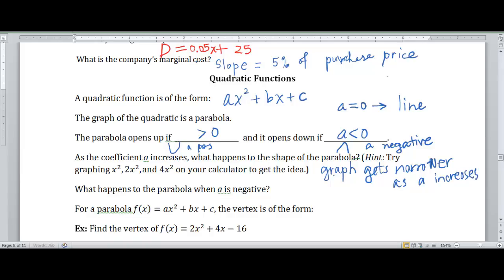What happens to the parabola when a is negative? Well, we saw this. It opens down, and again it will also get narrower. You can look at that on your calculator.